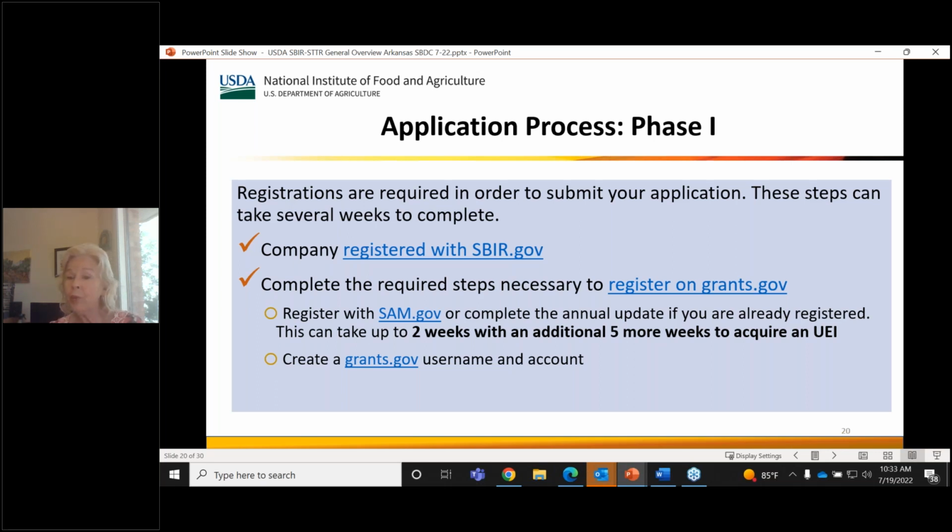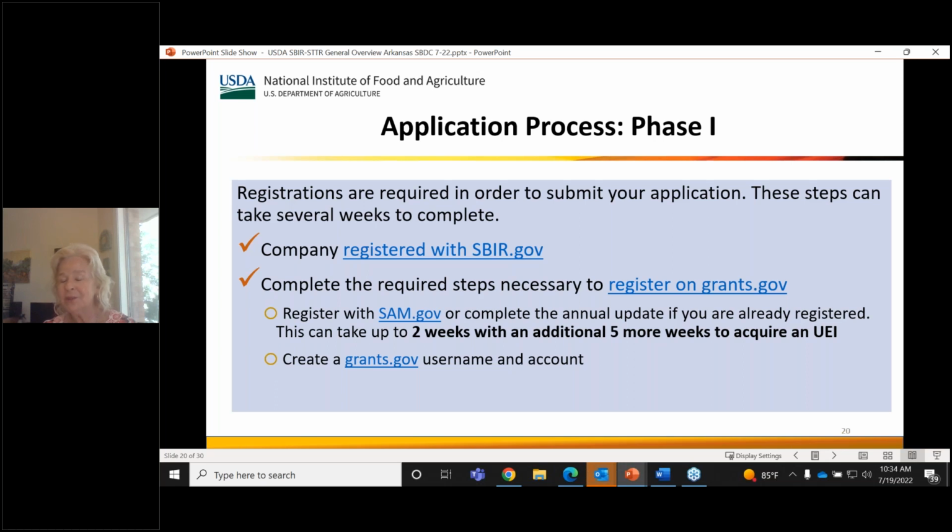So again, prior to COVID, you had to have the SAM.gov number before you could complete an application with SBIR. As of last year, that wasn't true, but they could put that back in place at any time. So I'm just explaining all of that to give you all the information.